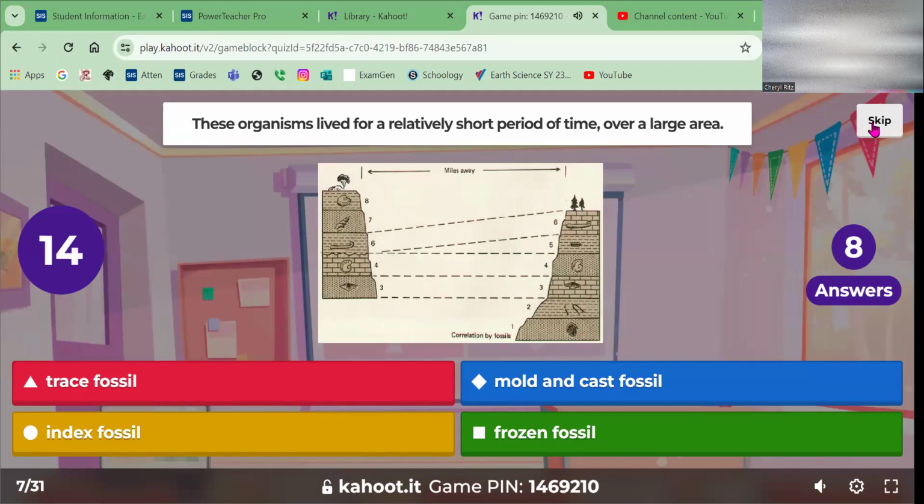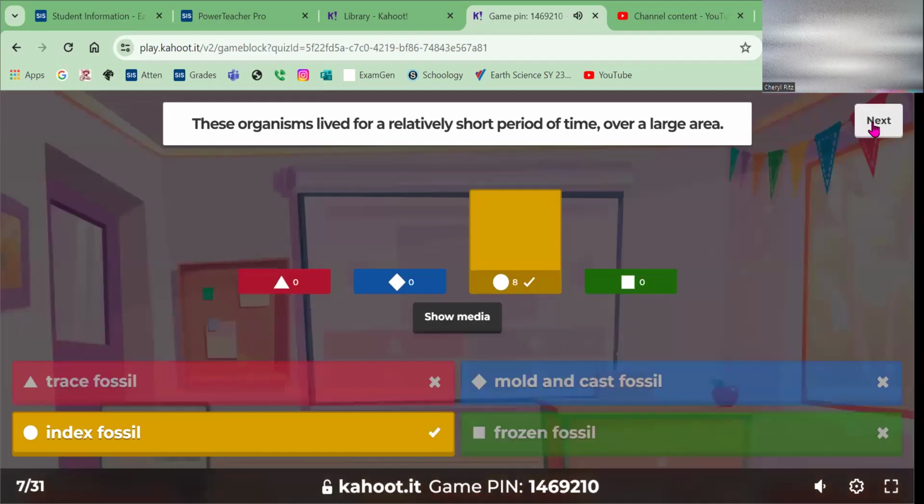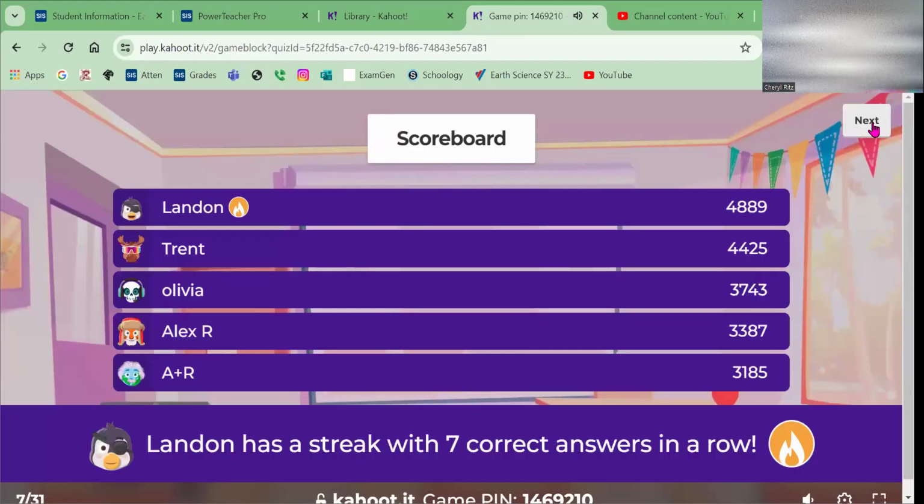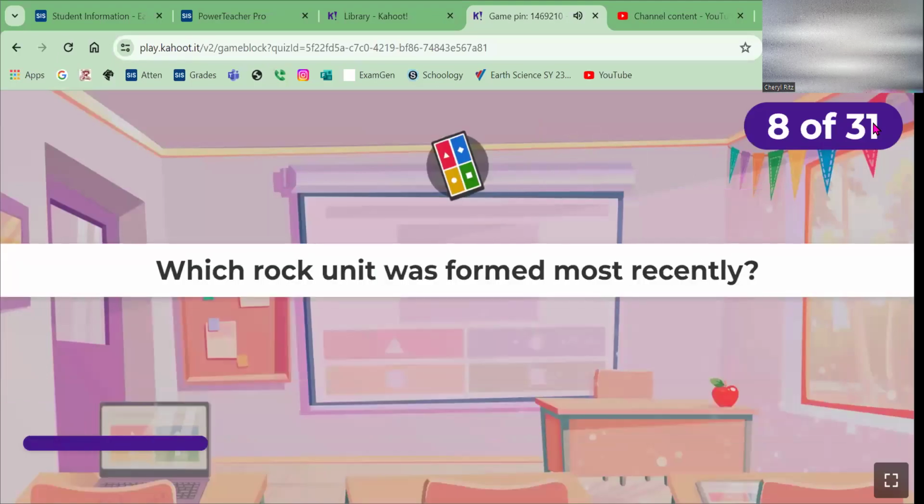I'm not teaming. You're also moving. OMG, just answer the questions. Stop talking. Whew, good. Those are index fossils. What happened? You're not on the leaderboard anymore. Oh, no.